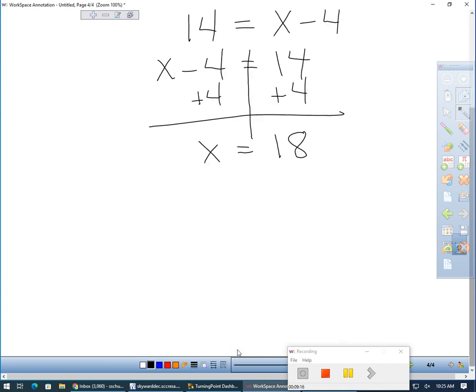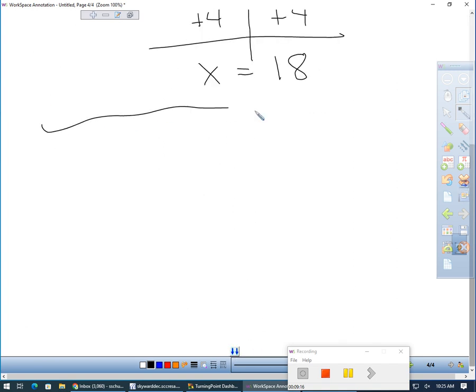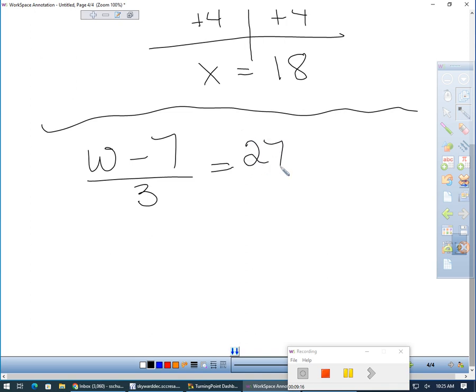All right, let's do one more like this very quickly. We'll even leave it underneath the same example just to make sure we're golden. All right. Let's say I have w minus 7 over 3 equals, Marley, give me a number. Any number in the world. 27. All right, 27 it is. Okay.